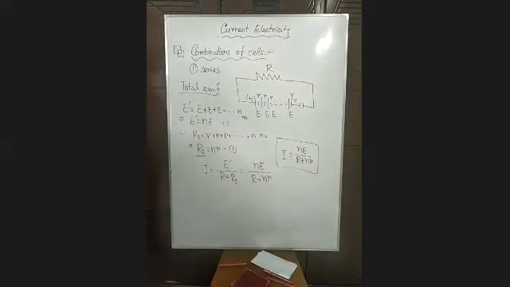So this is the combination of cells in series, and I am getting the equation of current from this combination of cells. You see, I have discussed the topics of current in the whole class, and we will get some equations of current as well. This is the combination of cells for series.